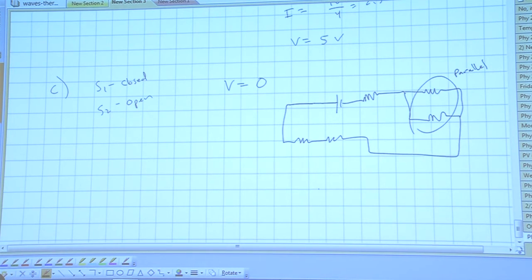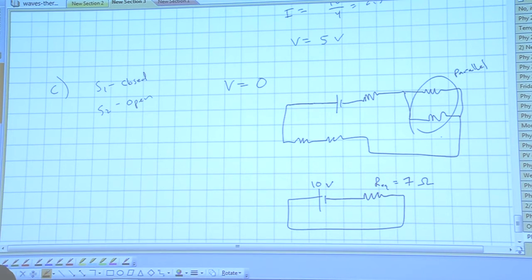So what's our equivalent resistor? You see that? These two are each 2, right? So if you have them in parallel, they act like a 1 ohm. The resistance goes in half. So the R equivalent here is 1 ohm. And this is 2 plus 2 plus 2 plus 1 is 7.